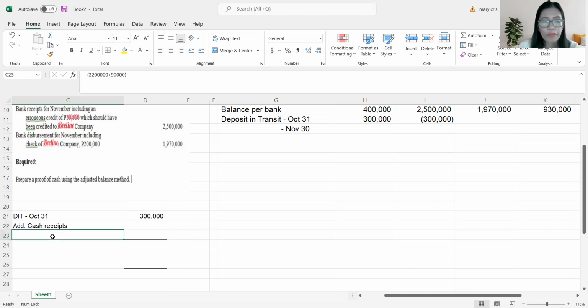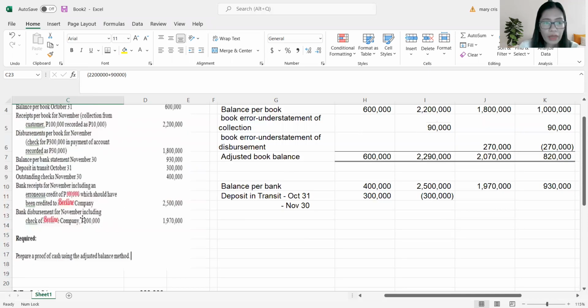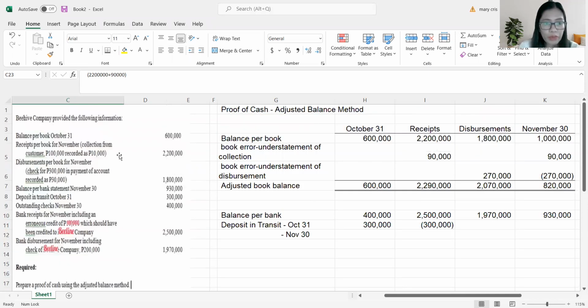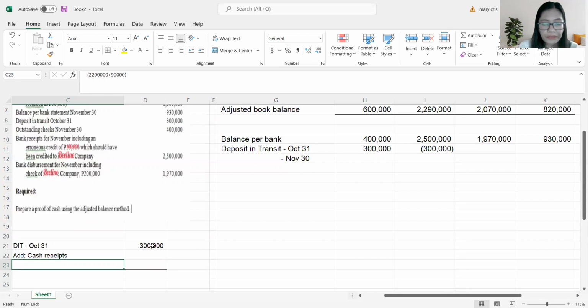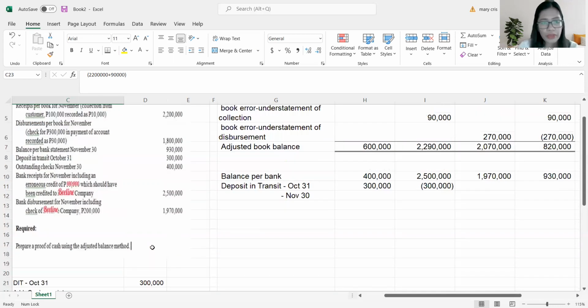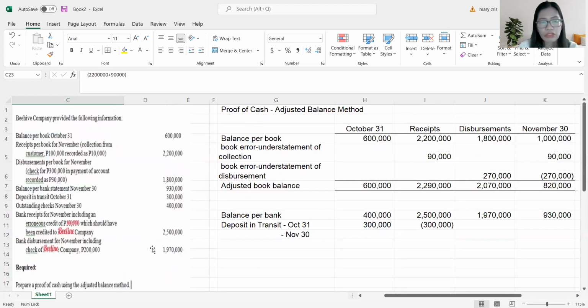So based on the information sa problem, our receipts per book amounts to 2,200,000. So that amount should be added to the 300,000 because we have anticipated that that amount yung i-deposit ng entity sa bangko.